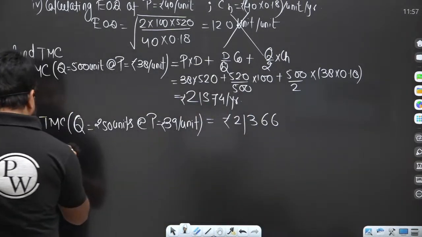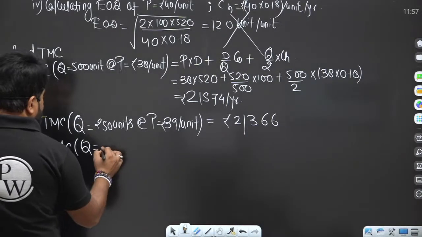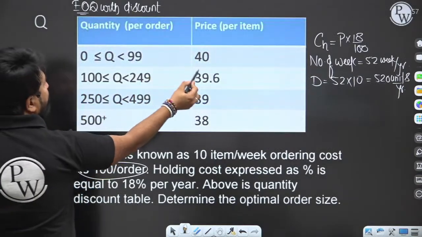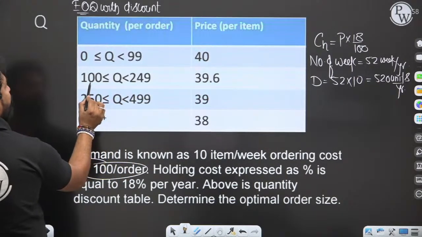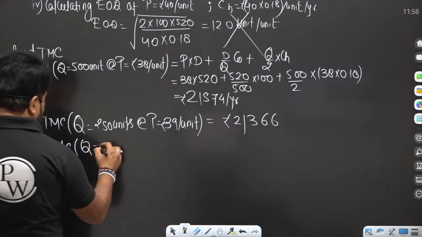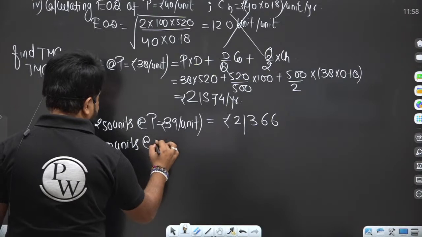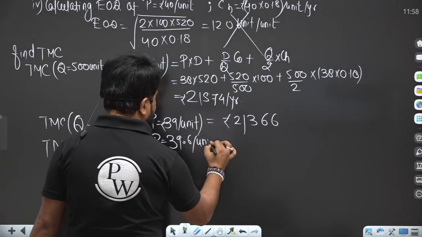Also find out the total material cost at quantity 100. For this purchasing price, you have to take a minimum of 100 according to the wholesaler. So Q equal to 100 units at the purchasing price of 39.6 per unit.